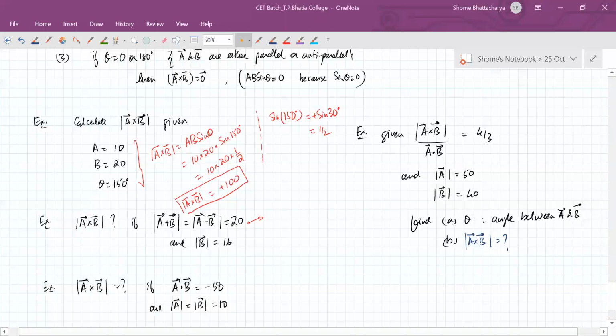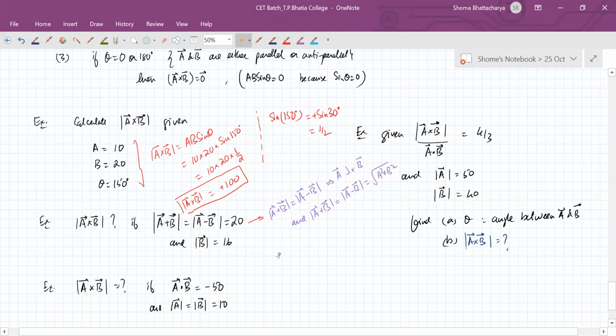Now, second one, what does this tell us? A plus B is equal to A minus B. It tells us that A is perpendicular to B, and it is equal to root of A square plus B square.